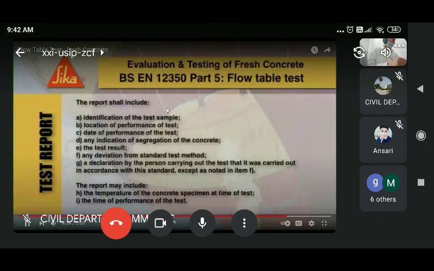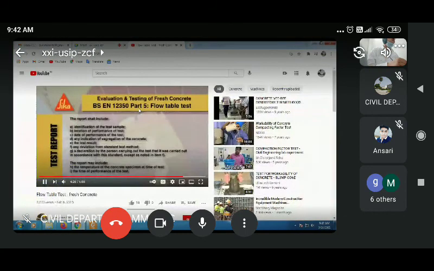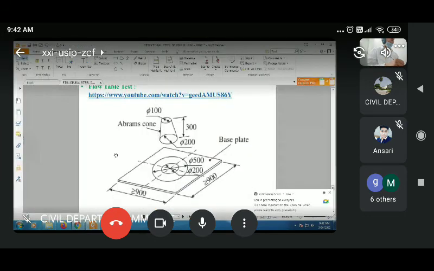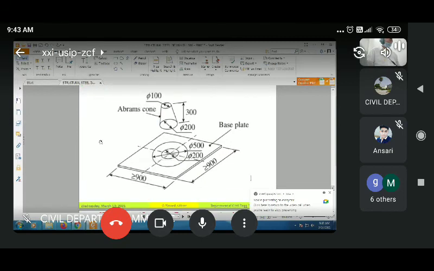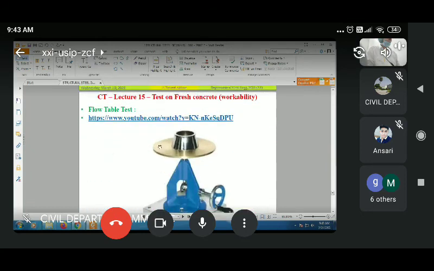This is as per the BIS and EN code 12350 part 5, flow table test. Okay, these are the dimensions of your flow table test. You can take the screenshot and make the diagram in your concrete technology notebook so that you can follow later on.